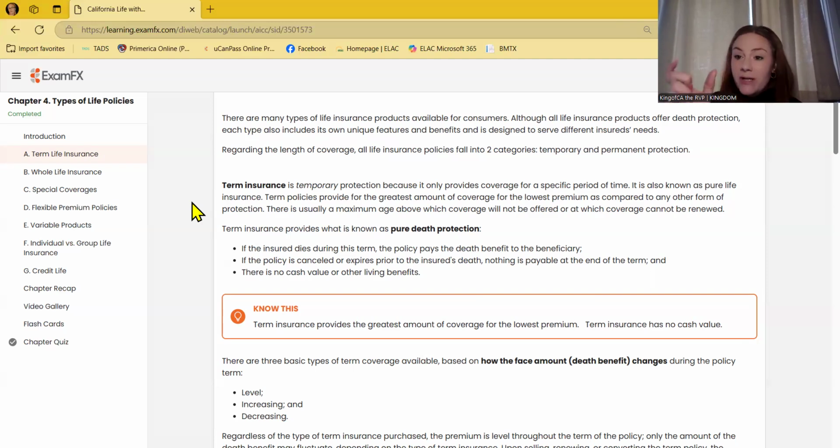Term is for a certain period of time. Think of school, right? A term is however many months. So term policies are going to be however many years, whatever your policy states, okay? So for your test, please know that term insurance is temporary protection because it only provides coverage for a specific period of time, okay? This is also known as pure life insurance, okay?